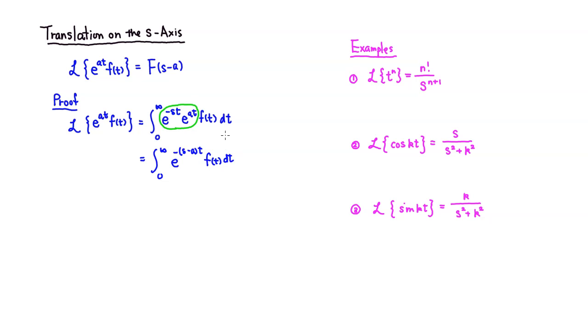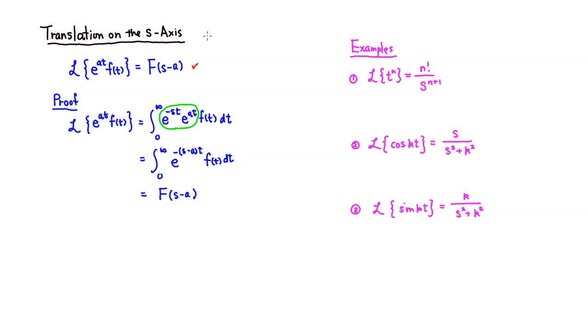You can see that the only difference from F of s is you have a negative a here, so this is just capital F of s minus a.